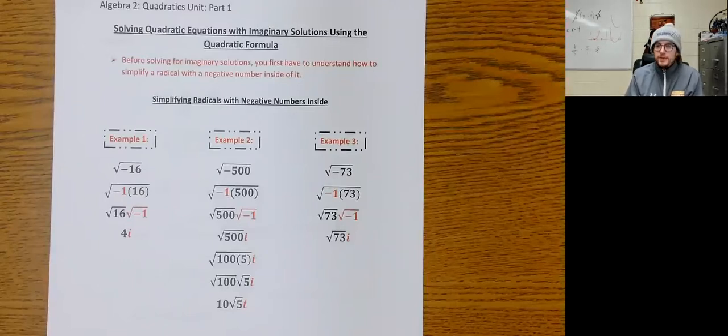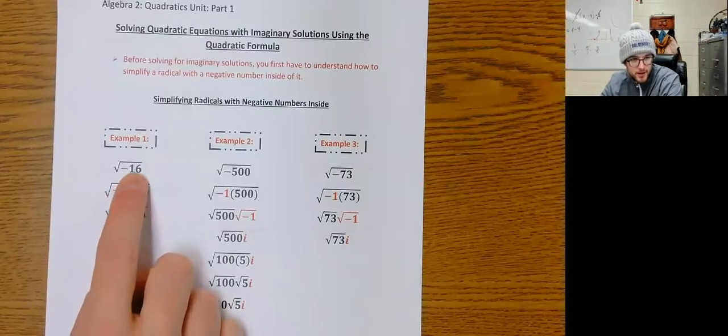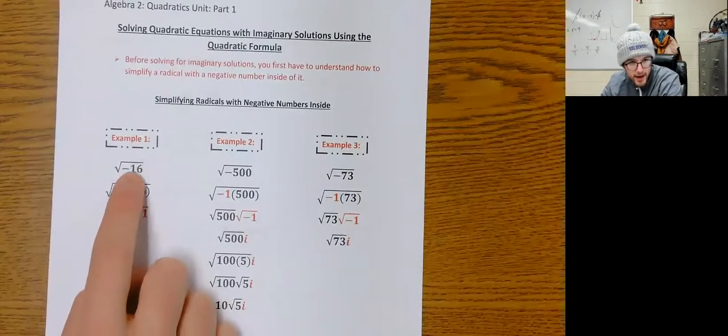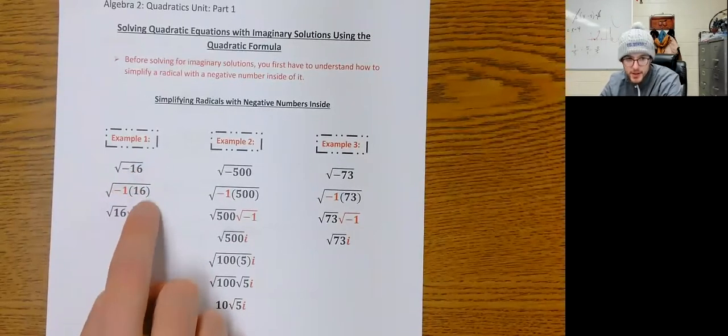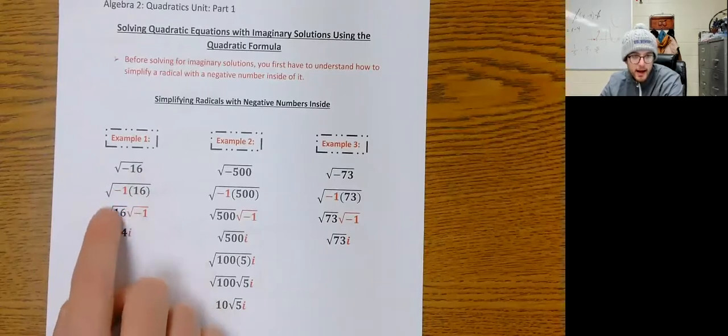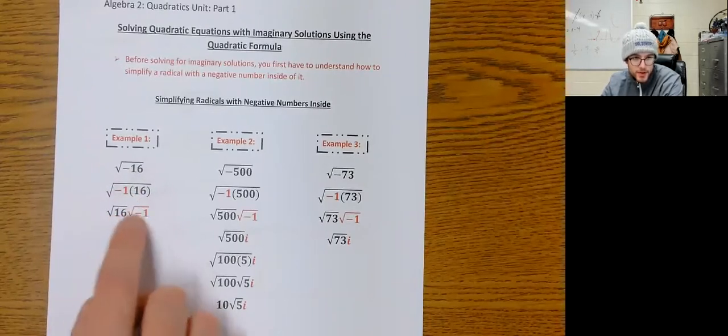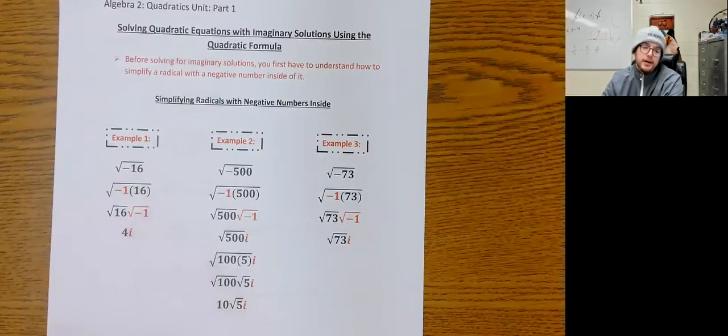So make sure to watch those videos first before you watch part 4. It's the same exact process, except for this negative. You divide out a -1 because -1 times 16 is -16, and you separate this out into 2 different square roots. And the square root of -1 is i.